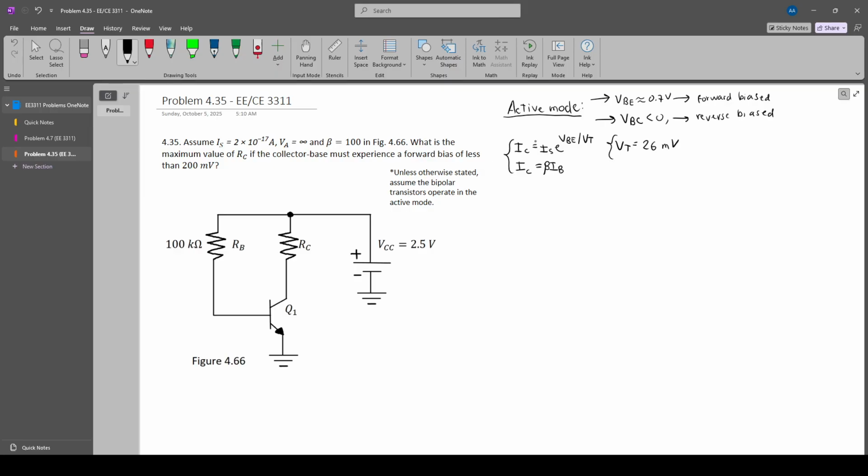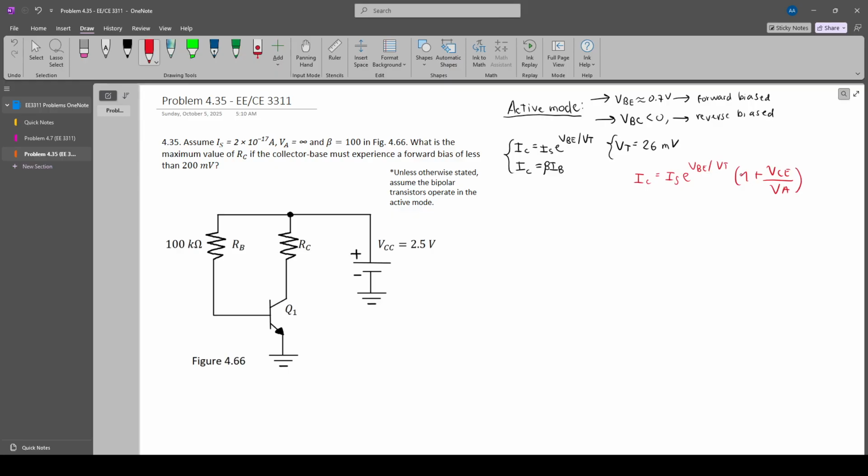We can use these expressions without any problem. Something to notice here is that we're given this value of the early voltage, which is infinite. And in reality, the current at the collector of the transistor is given by this expression, right? IC equals IS times e to the power of base emitter voltage over VT times 1 plus collector emitter voltage over early voltage.